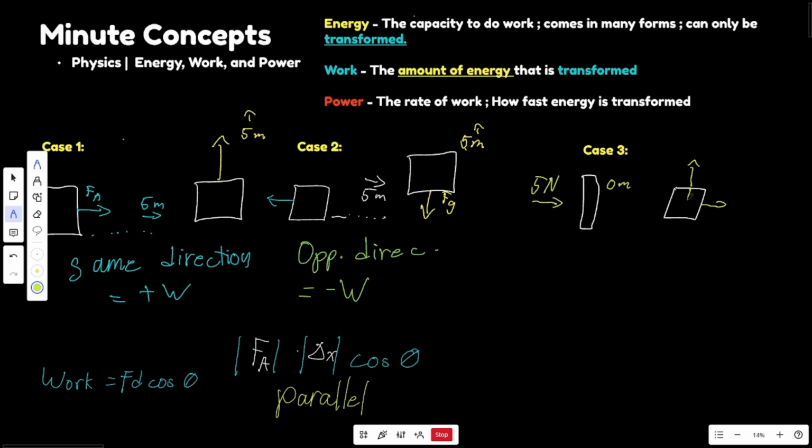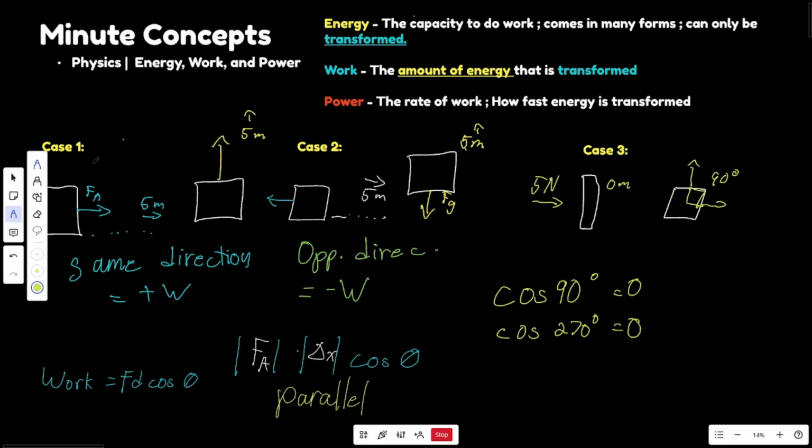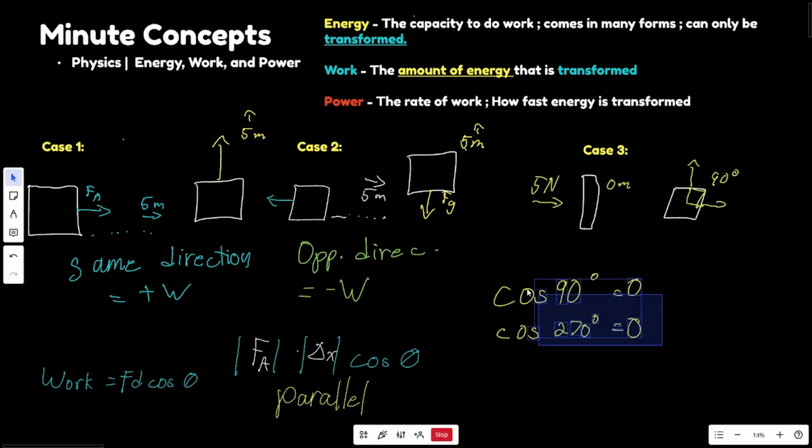Now you can also see already from the shape here, there's a 90-degree angle. If you want to break it down mathematically, the cosine of 90 and the cosine of 270 are both equal to 0. And when you plug this into our equation, it just cancels everything out. So a perpendicular angle between the force and displacement calls for a 0 amount of work done.